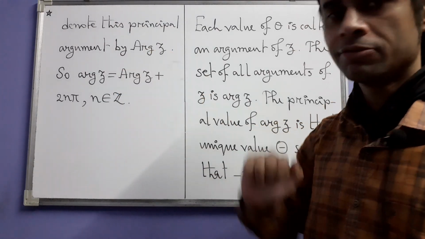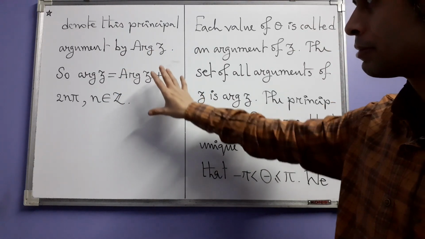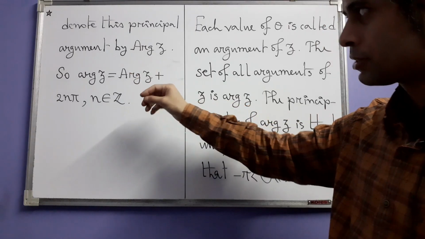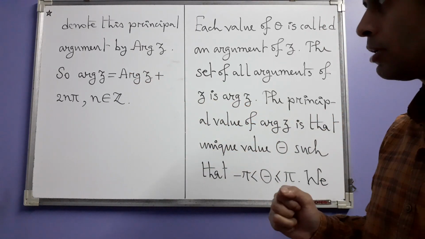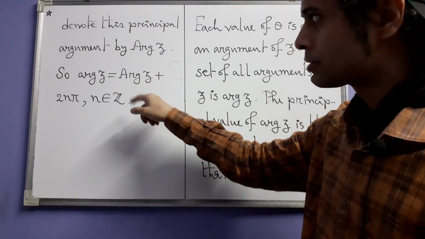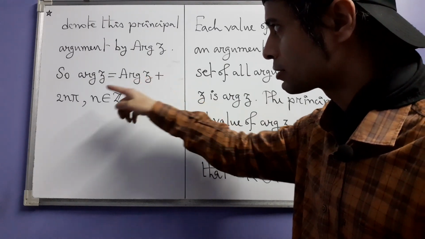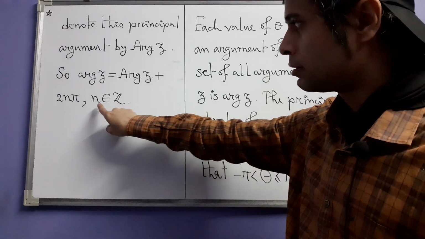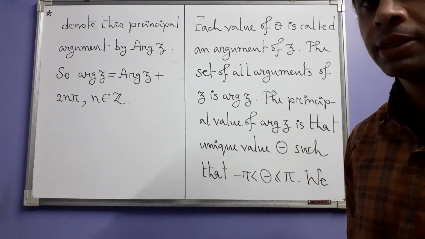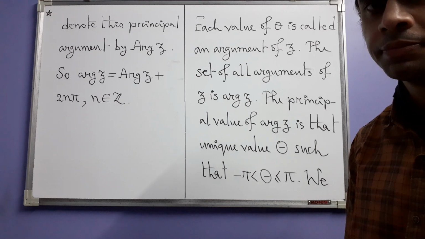Then what is the meaning of this equality? It's a somewhat bad way of saying what it is. Actually we should write arg z as a set in which the elements look like this, capital Arg z plus 2n pi, and n varies over the set of integers. That is the real meaning.